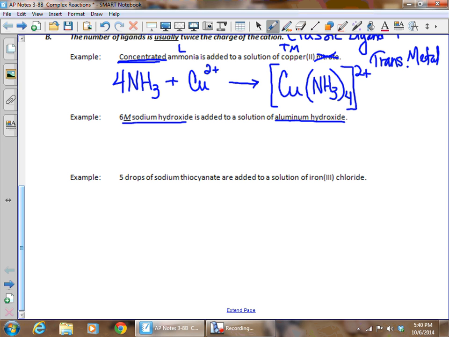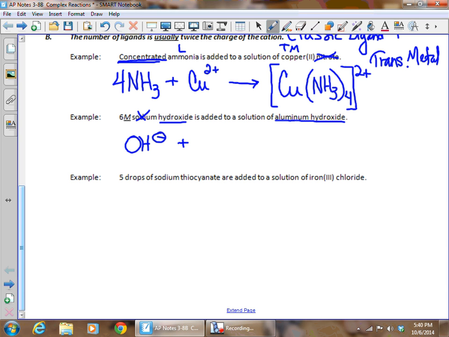So when I react this, the sodium hydroxide, and keep in mind that the sodium is going to drop out. I'm just going to go ahead and drop that out now because it's not going to show up anyway. So the sodium hydroxide is added to aluminum hydroxide in solution.